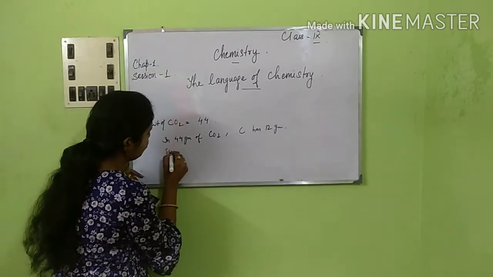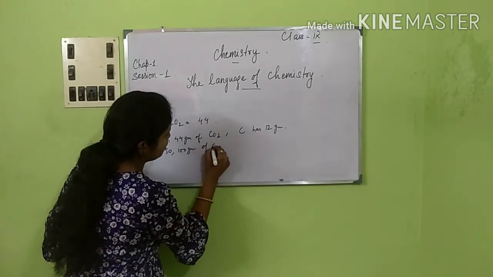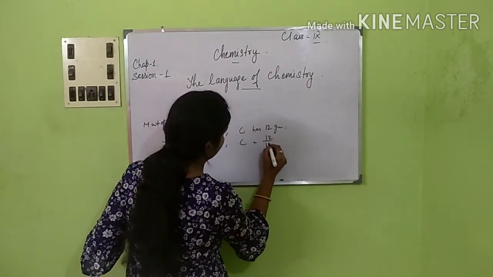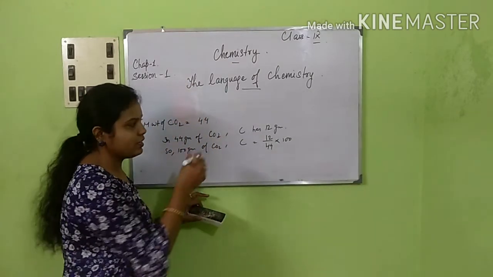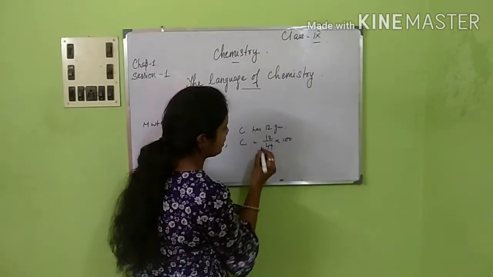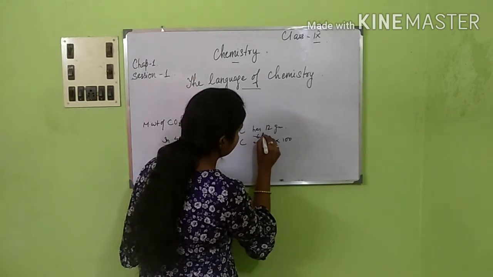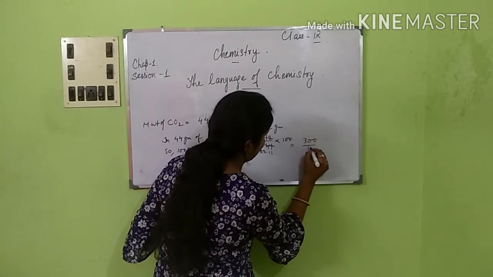So in 100 gram of CO2, C has 12 by 44 into 100. You can calculate and get the percentage. 2 6s are 12, 2 3s are 6, that is you're getting 300 by 11.